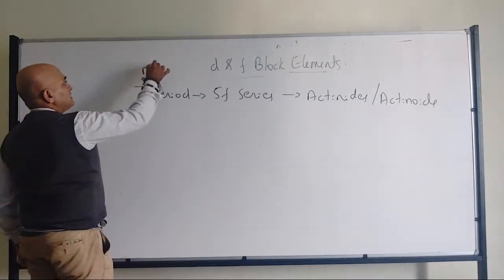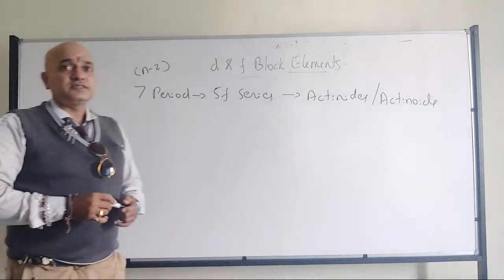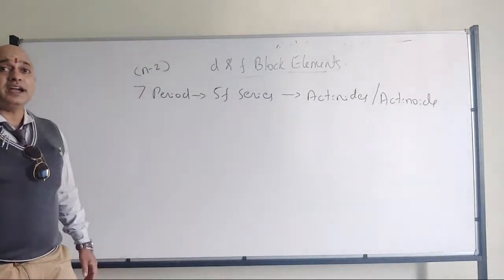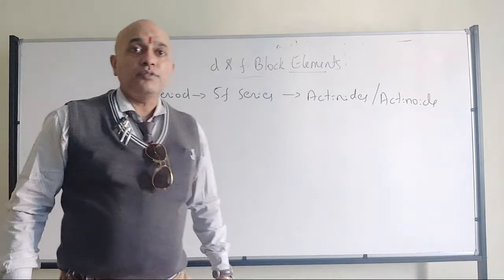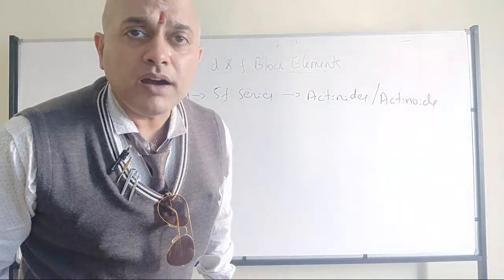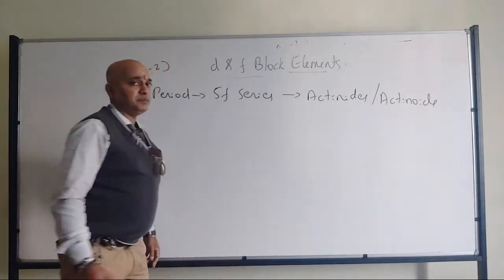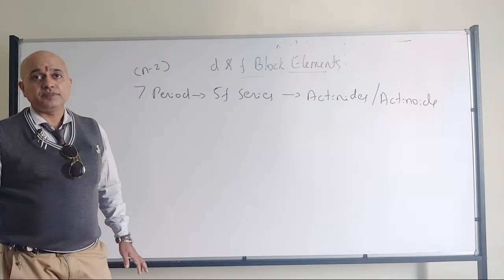Remember, n minus 2 is related to f, so 7 minus 2 is 5. Therefore it is the 5F series. Yes, it should be the 7th period. Good. So that's where we have the actinoids.